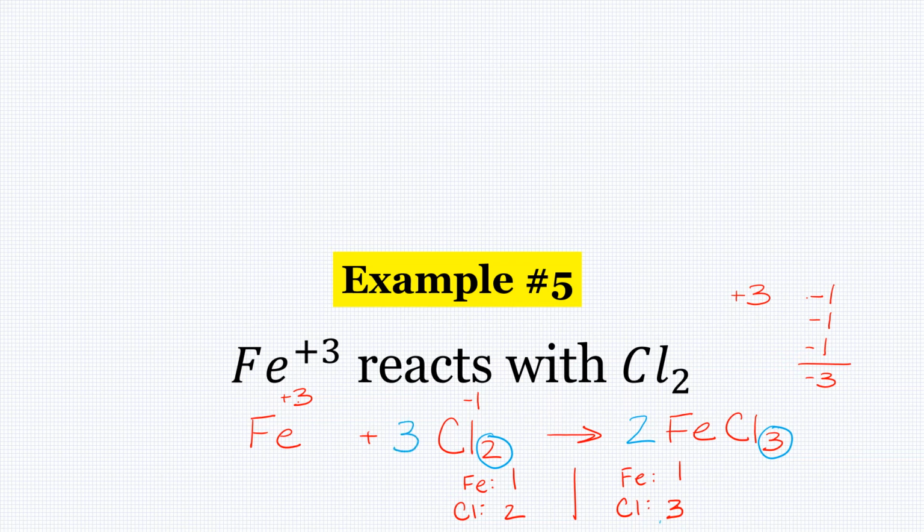So that'll get me 6. When I multiply my iron by 2, that gives me 2 here. On the reactant side, I have 6 now, and then to get 2 irons, I'm going to put a 2 in front of my iron here. So now we are balanced. Just to write this a little cleaner, my product is FeCl3.